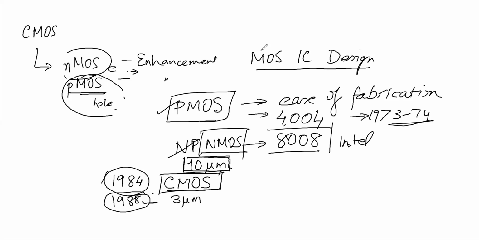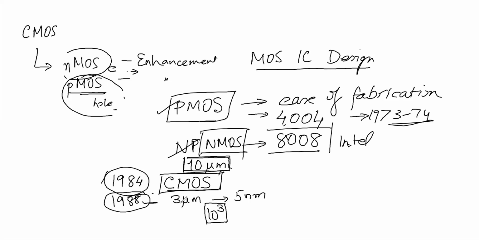Beautiful. So see, 3 micrometer to 5 nanometer, you have 10 to the power 3. This is the degree of difference from 88 till now, how the technology has moved. A scale of 1000, almost 1000 times smaller devices are available.